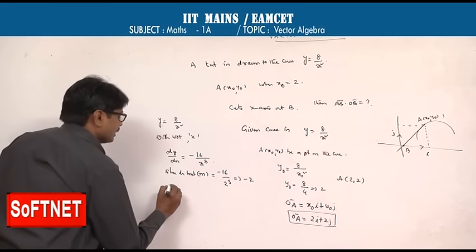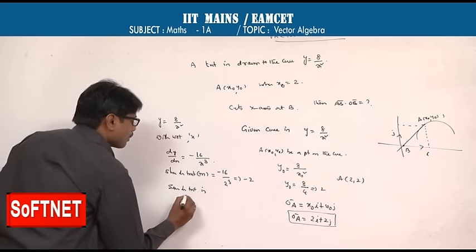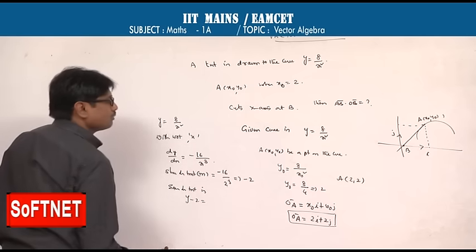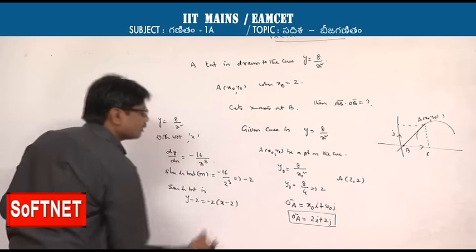Now the equation of the tangent is y minus y1 is equal to m times x minus x1, that is y minus 2 is equal to minus 2 into x minus 2.